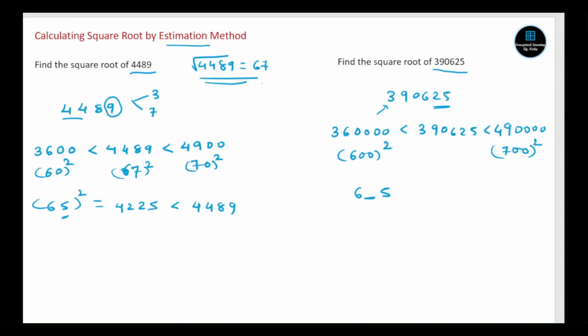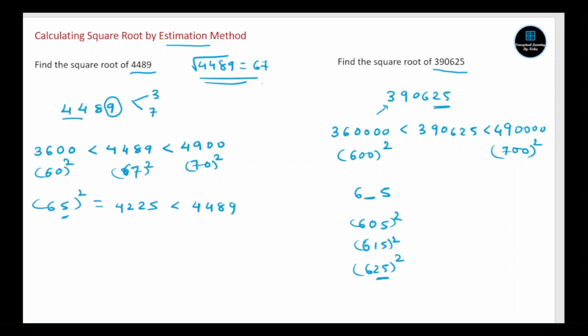Now as this is very close to 600 squared, I can try 605 squared, or 615 squared, or 625 squared. Now as we are learning the estimation method, here it is 25 and the square of 25 ends in 625.